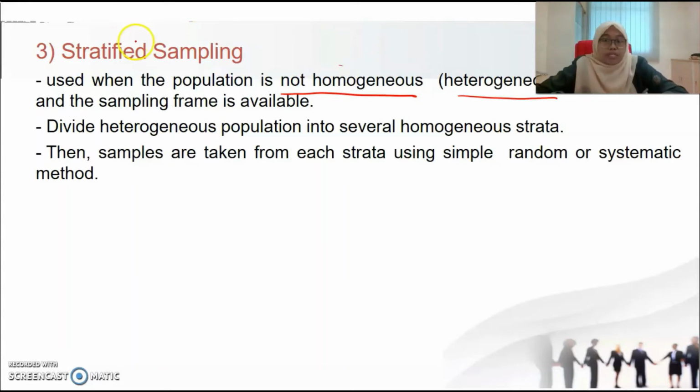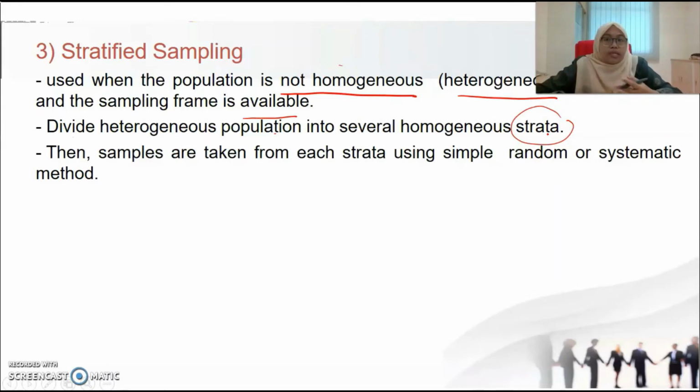And of course, because this is under probability sampling, it is normally used when the sampling frame is available. In stratified sampling, the first step is we must divide the heterogeneous population into several homogeneous strata. Strata here has the same meaning as group.